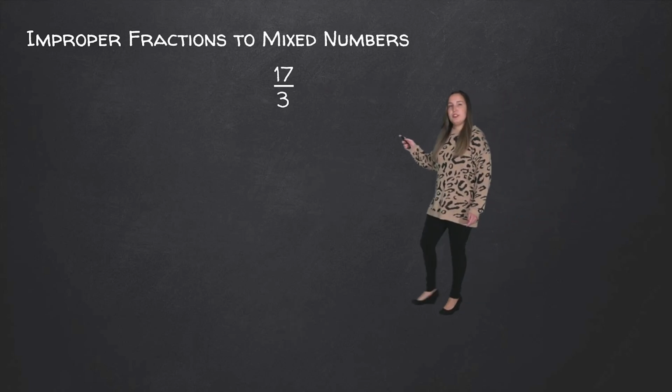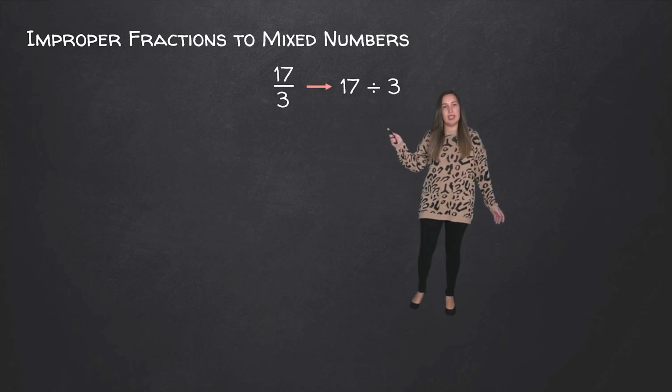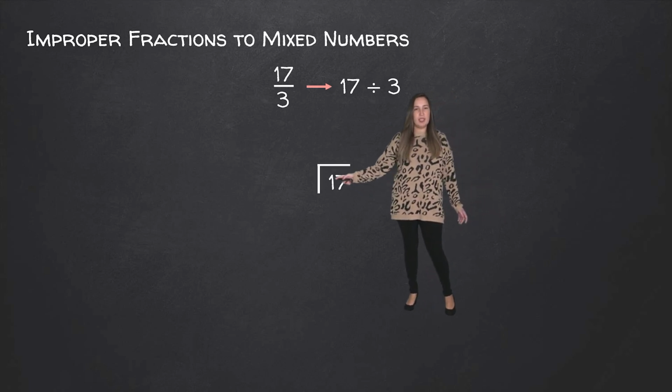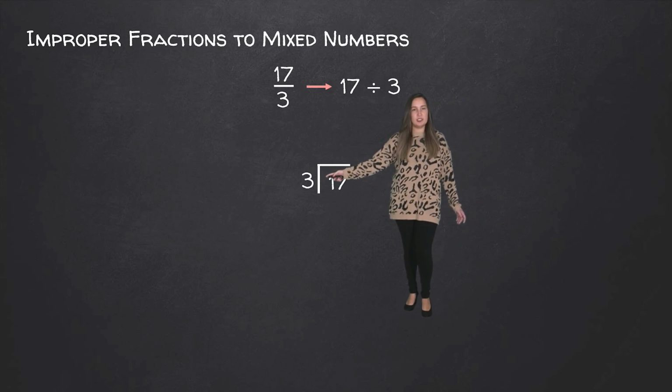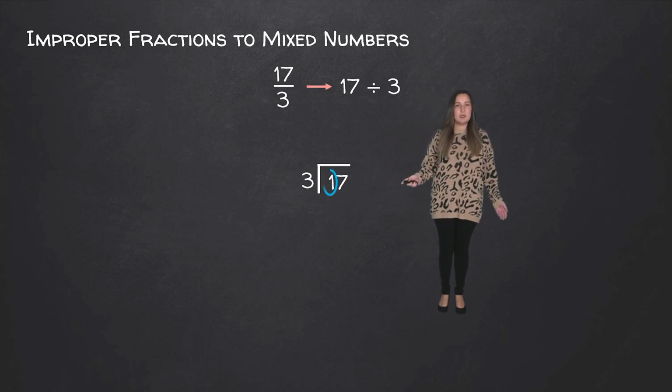Now let's do another example. Here we have 17/3. And again, we're going to do the same thing. This is essentially division, so we're going to rewrite it as 17 divided by 3. And again, remember that our numerator is our dividend and our denominator is our divisor. And then we just divide. We ask ourselves, how many times could 3 go into 1? Well, it can't.